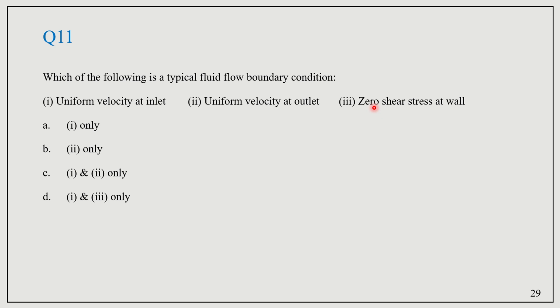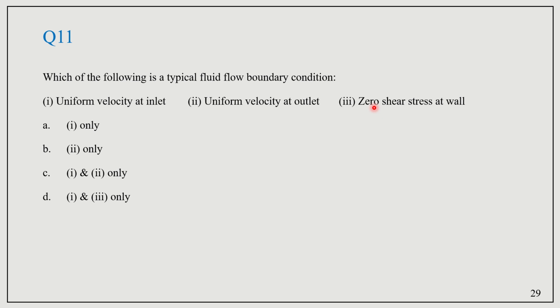What does no slip boundary condition mean? It means that the velocity near the wall is zero at the solid surface, or if the wall is moving, it will be equal to the velocity of the wall. So if the wall is stationary, the velocity at the wall will be zero, but basically the velocity of the fluid at the wall is equal to the velocity of the wall surface.